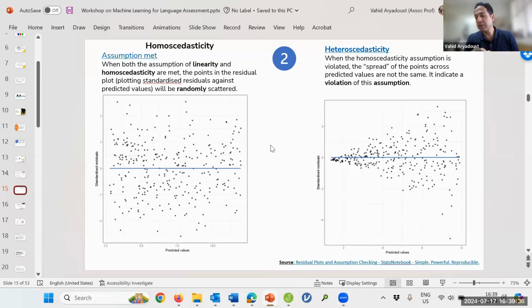Now, sometimes homoscedasticity is compromised. The counter nomenclature is heteroscedasticity, which means that the spread of data points has got some sort of pattern. If you look at this, see, it's pretty much like a skewed sort of data.